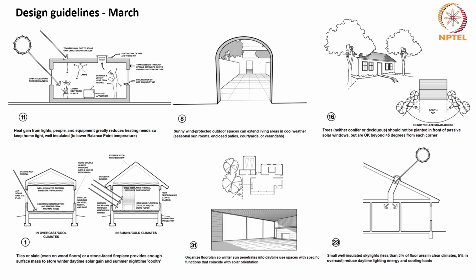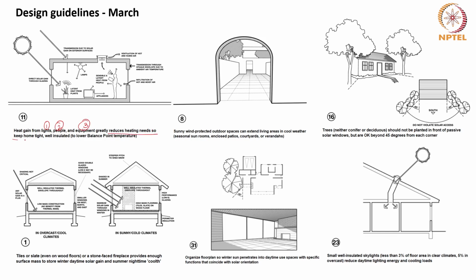So, what are the design guidelines to shift these from uncomfortable to comfortable? So, heat gain from lights, people, and equipment will greatly reduce the heating need.